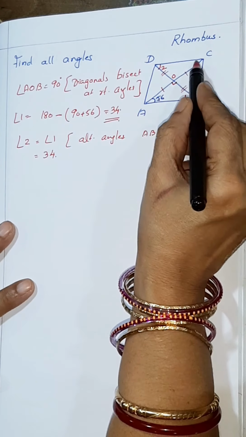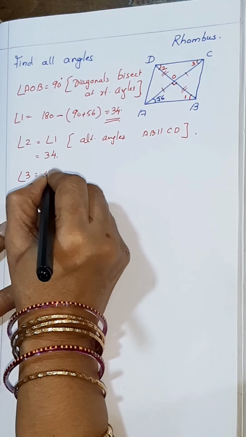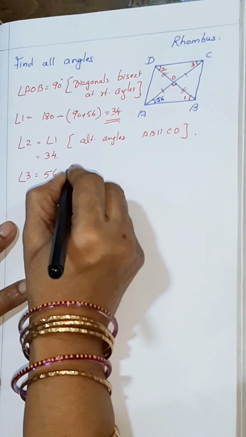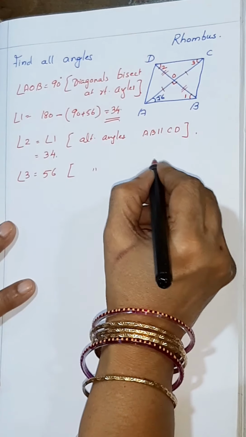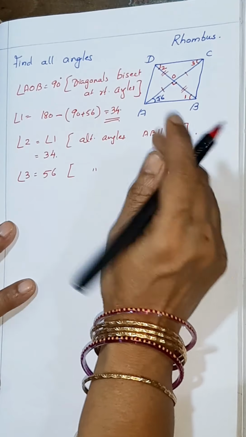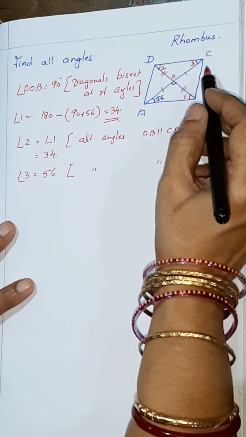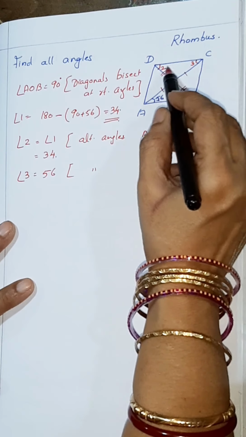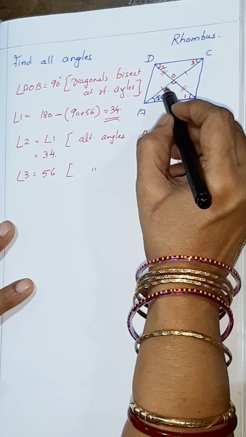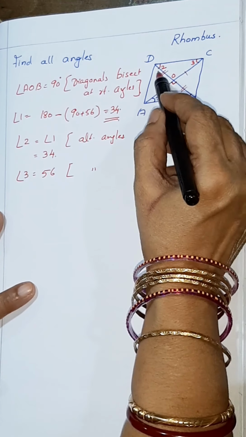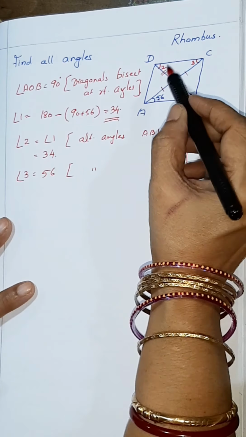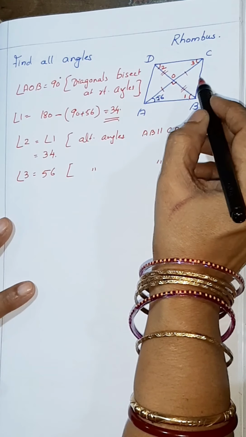Angle 3 is equal to 56, again alternate angles, AB is parallel to CD, the same. Now we will find, we know 2, we know 1.